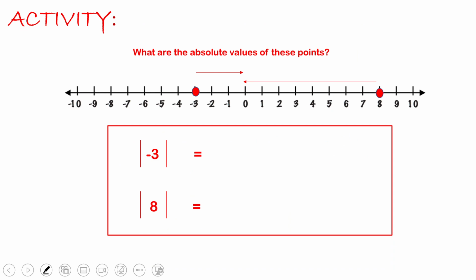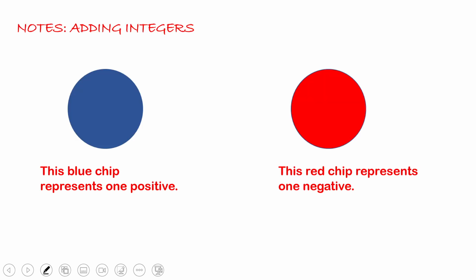So if you were asked about the absolute value of -3, the answer is that it is 3 units from 0. So it's a +3 even though it's a negative number inside the grouping. The absolute value of +8 is 8 units from 0, so +8.